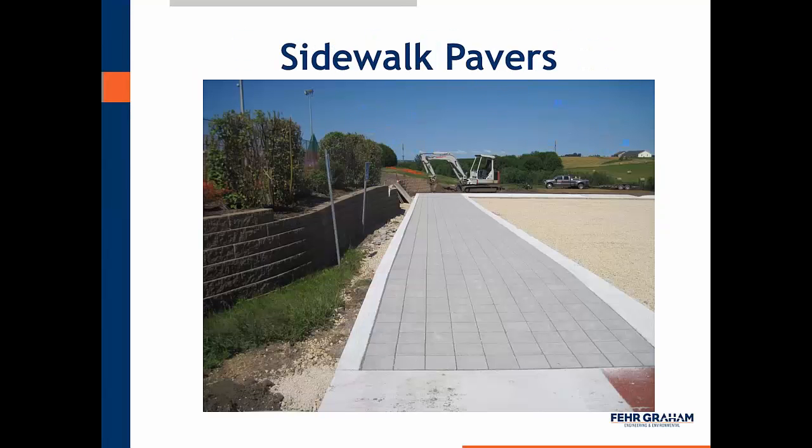And here's a photo very similar to the previous one, but after we've put the pavers in the sidewalk. You can see the curb on both sides to contain those. We designed this to match the paver size exactly, so we didn't need to cut pavers, so it's a standard width across. And we used a couple different types of pavers on this project.